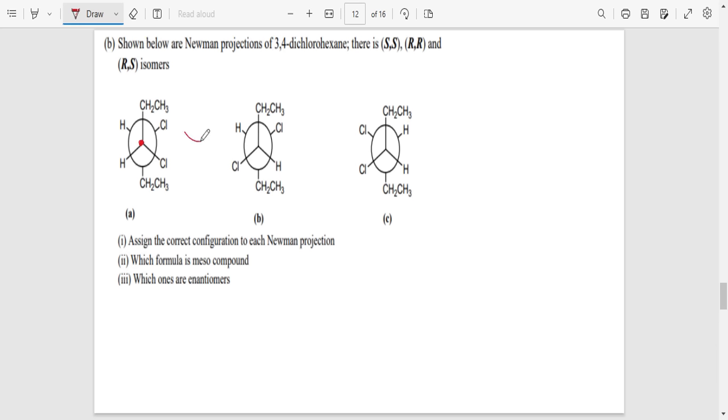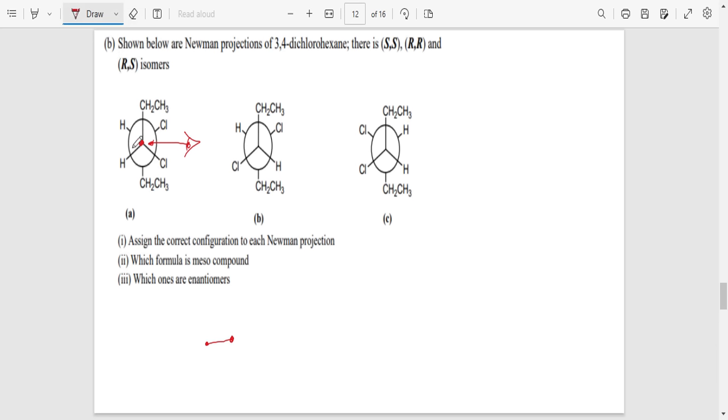So if you put your eye in this direction, what you basically see is the bond between the carbon that is in front and the carbon that is behind. So I can write that carbon here and then that other carbon here. Okay, those two carbons. If I look in this direction, these groups which I am able to see, you are going to see them as being behind you.